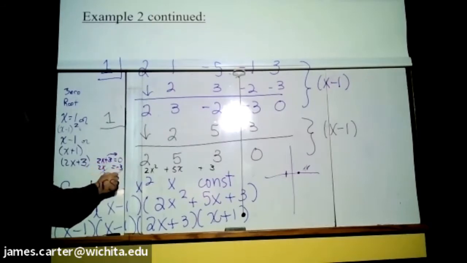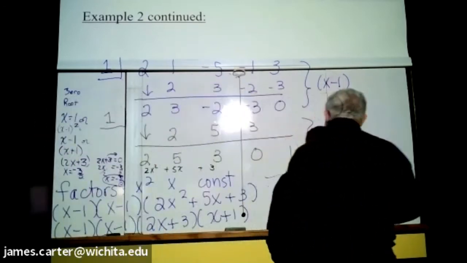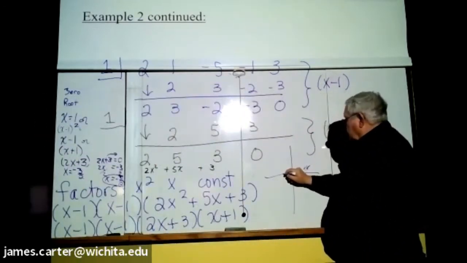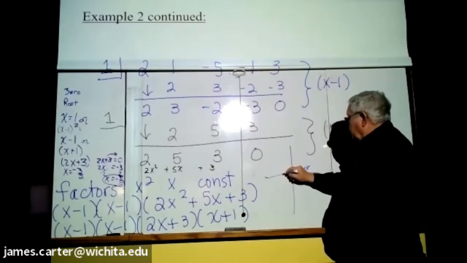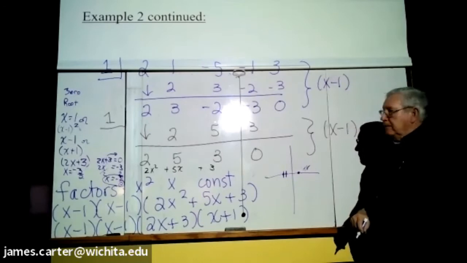Divide by 2, divide by 2. x equals -3 over 2. Well, 3 over 2 is 1.5, so it would be right here. And since there's only one of them, it also would be a crossing.